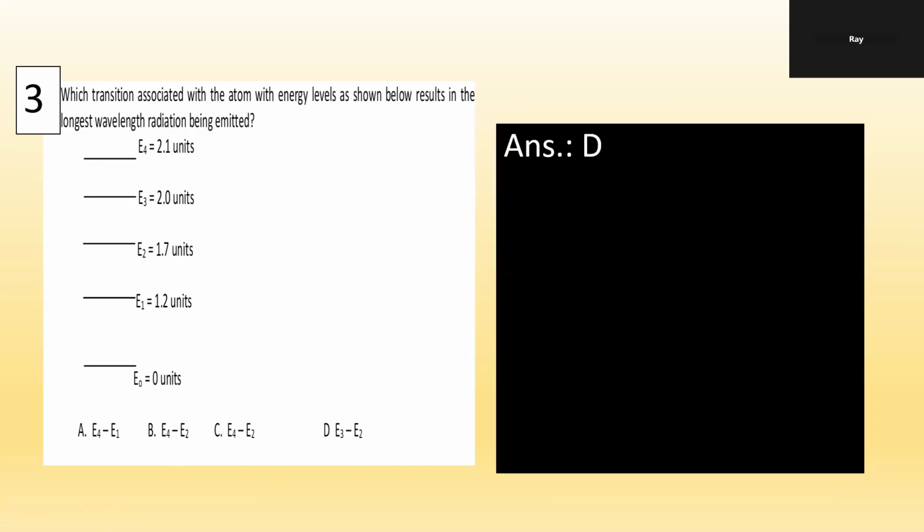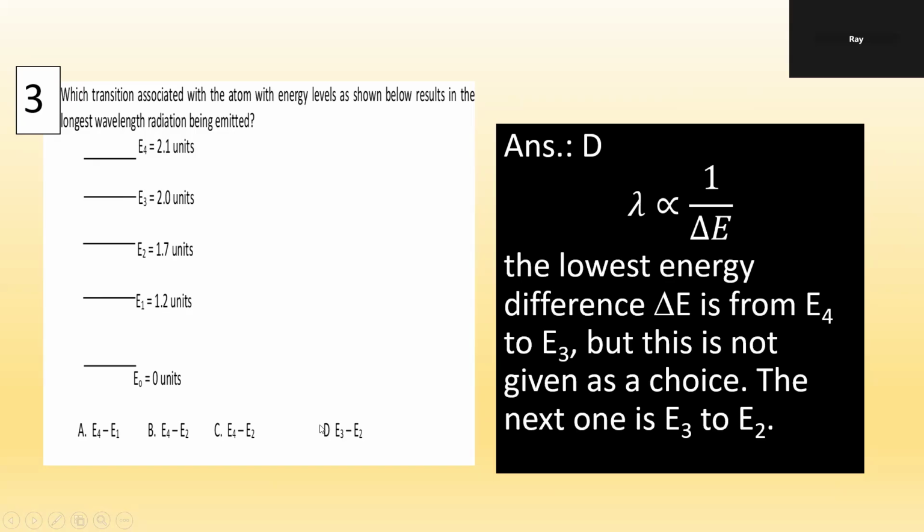Right? Wavelength is inversely related to the difference in energy level, delta E. So you want the longest wavelength, delta E must be the smallest. The smallest value is here, this one. But it's not given as a choice. So you have to choose the alternate one, which is E3 to E2. E3 to E2, this one. Okay.